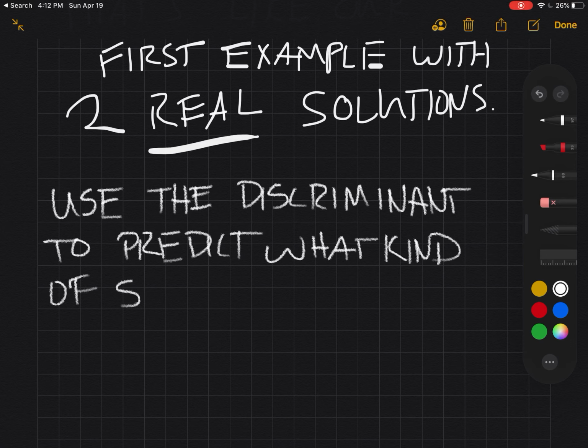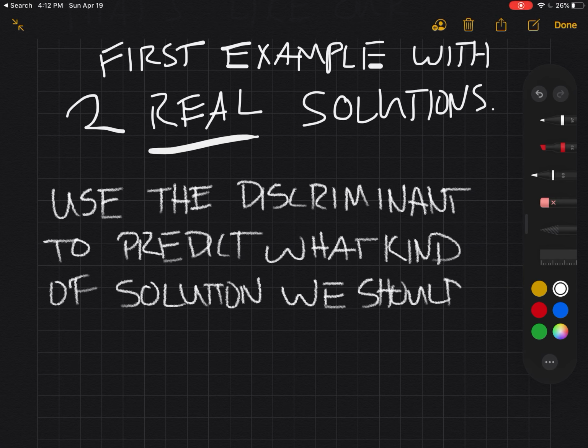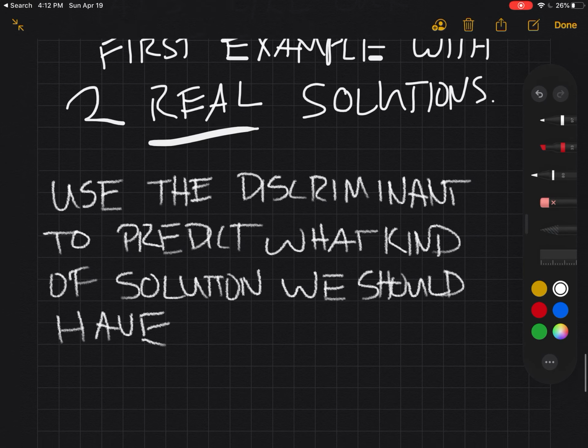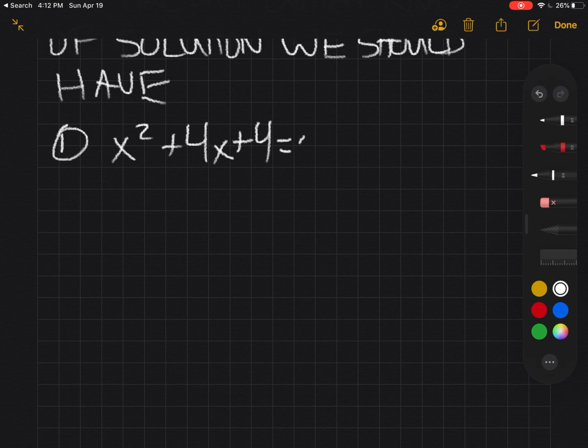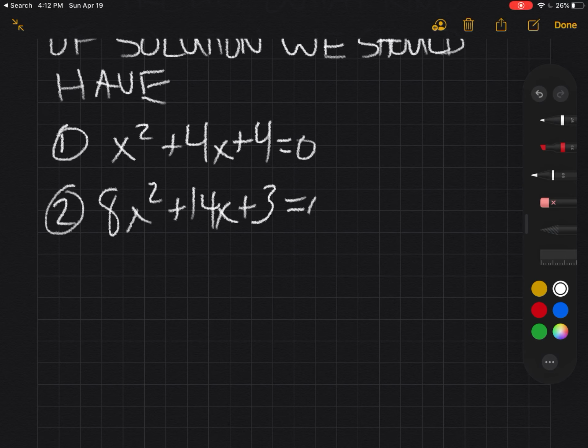We're going to use the discriminant to predict what kind of solution we should have of these equations here.